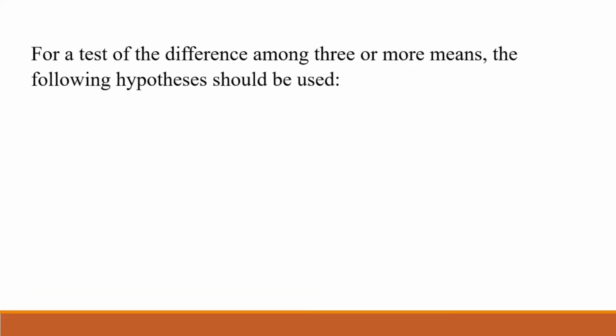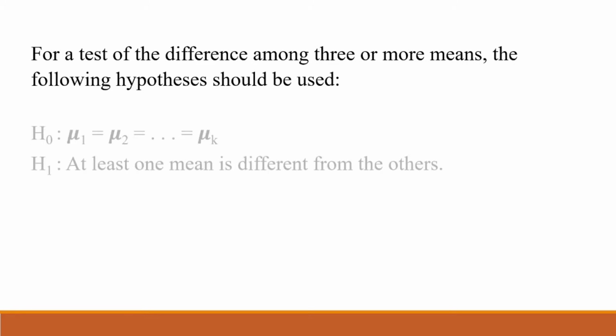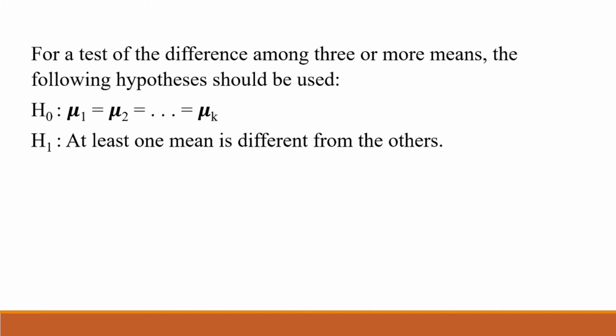For the test of difference among three or more means, the following hypotheses should be used. For our null hypothesis, meron tayong mu sub 1 is equal to mu sub 2 hanggang sa mu sub k. Our alternative hypothesis: at least one mean is different from the others.